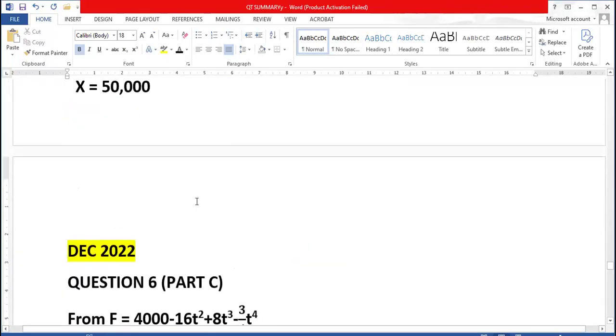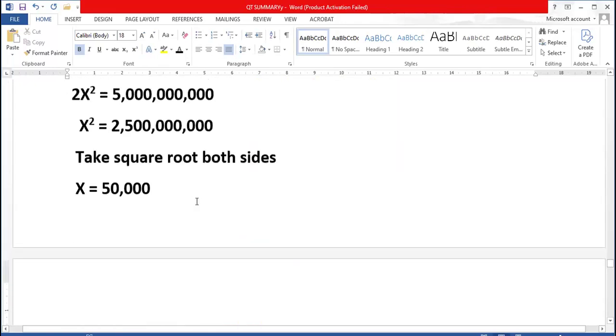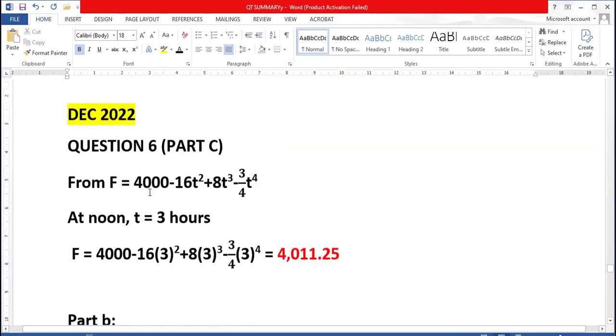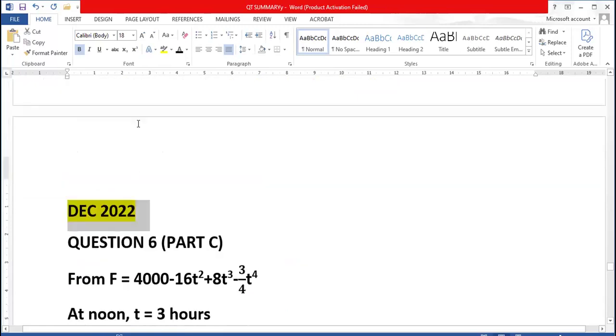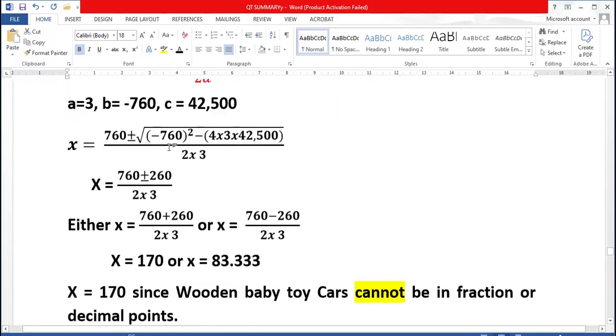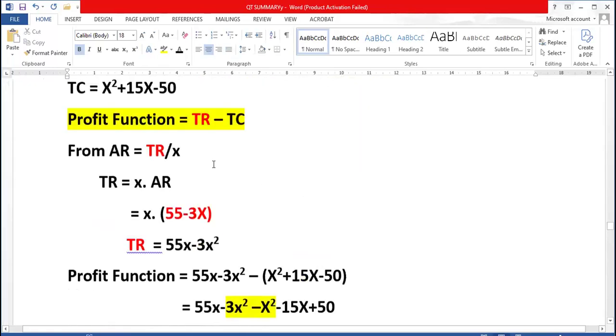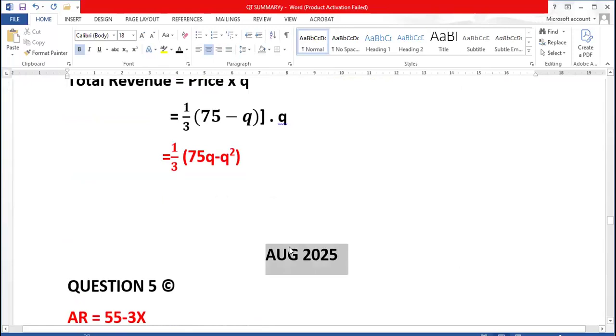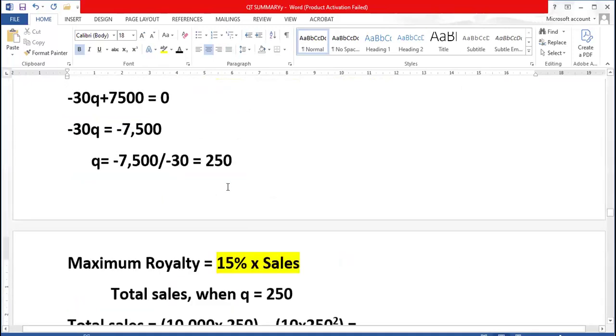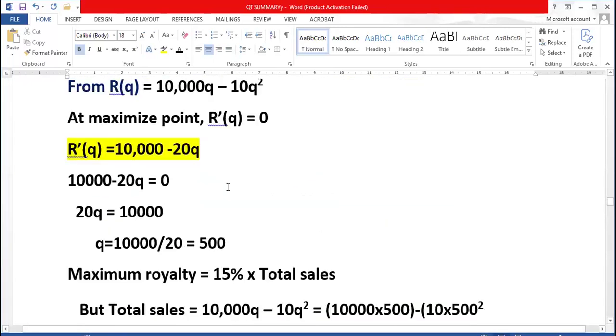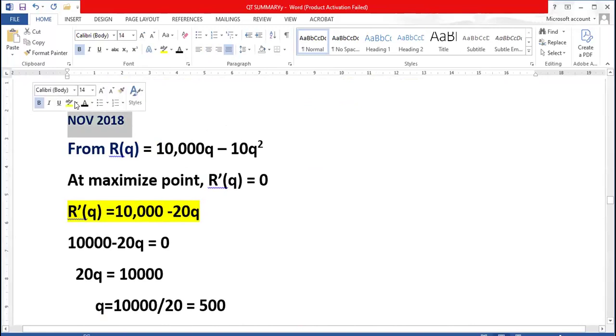For now, I think these questions are many. We have done many numbers. This is 1, this is 2, this is 3. Then we did the other ones of November.